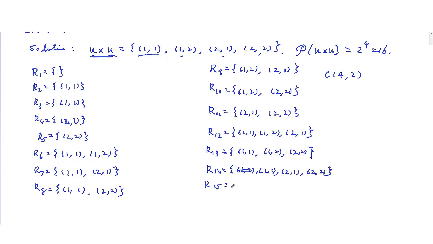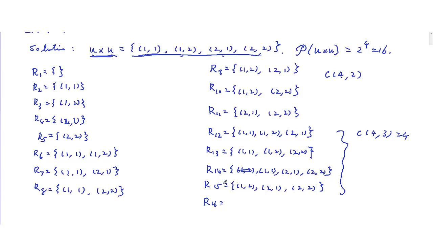And then (1, 2), (2, 1), (2, 2). To see how many subsets of 3 elements, this is the combination of 4 elements taking 3 at a time. So you know this will be 4.